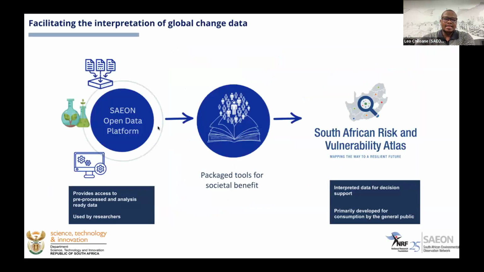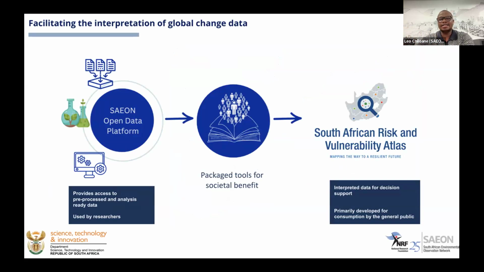And then comes this challenge of having an audience that's not primarily researchers. So the core SAON data platform caters to researchers, offers access to pre-processed and analysis-ready data. But beyond that, we have to take it one step further and engage with local communities.